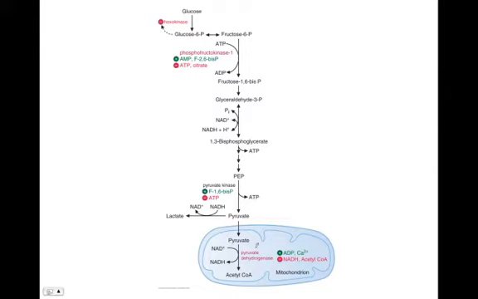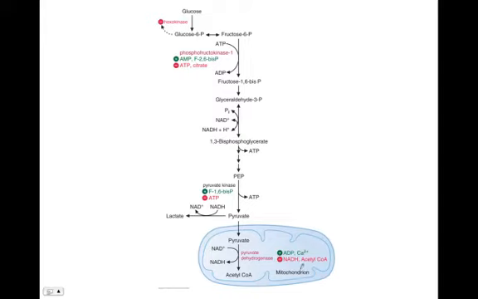The oxidation of pyruvate by pyruvate dehydrogenase complex to acetyl-CoA generates one of our first NADH. This is a highly regulated enzyme. It's activated by NAD and calcium and inhibited by NADH and acetyl-CoA.